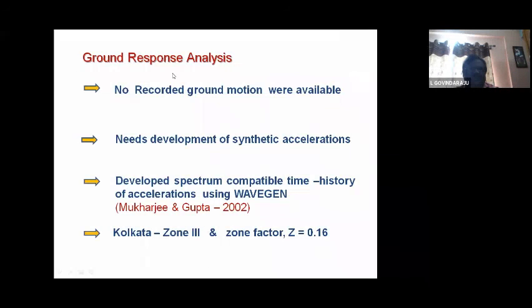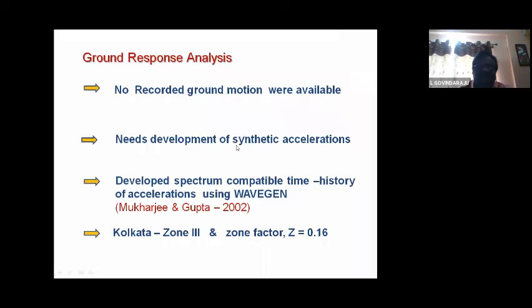And here, in order to conduct ground response studies, one important thing that was missing here: no recorded ground motion. At least while analyzing the case study with the Bhuj earthquake, we had recorded accelerations, but here no recorded ground motion was available. And we have to develop what are called synthetic accelerations.